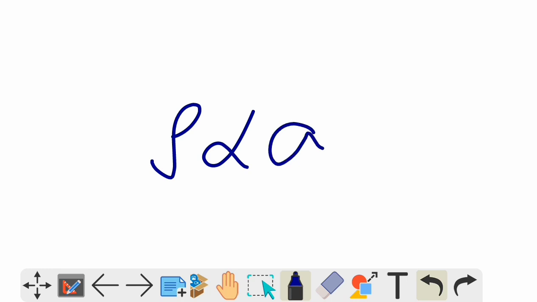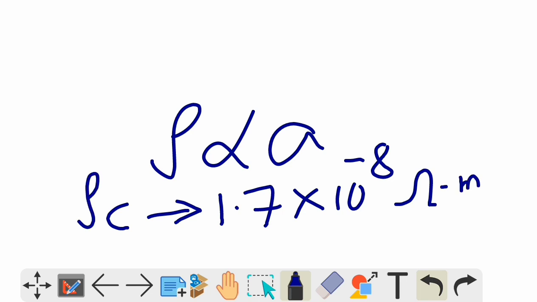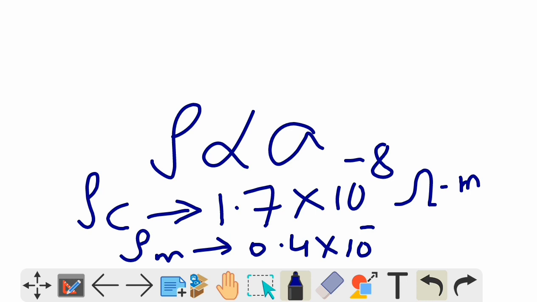Now copper and manganin, if you observe, copper resistivity, that means rho C, is 1.7 into 10 to the power of minus 8 ohm meter. Now rho M, that is manganin, will be equal to 0.4 into 10 to the power of minus 6 ohm meter.